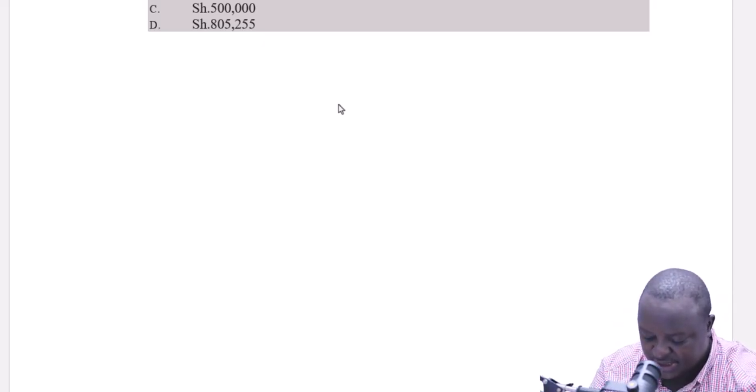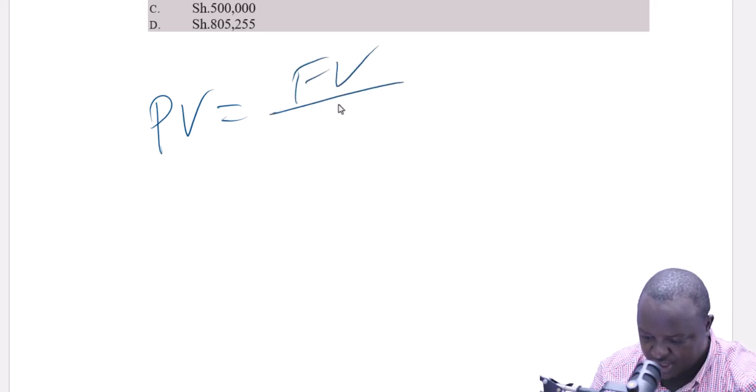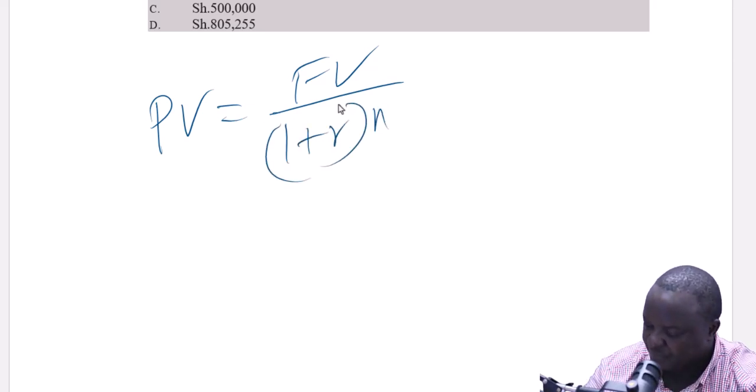That is, present value equals the future value divided by 1 plus the rate, raised to n.